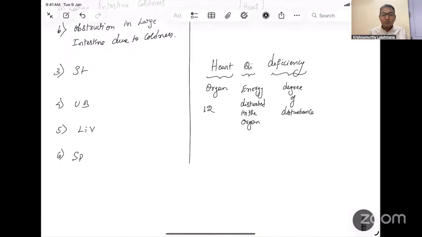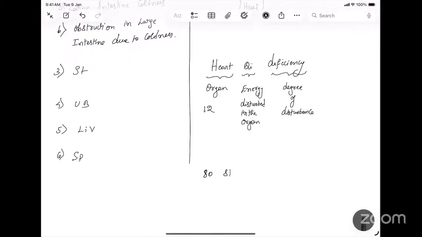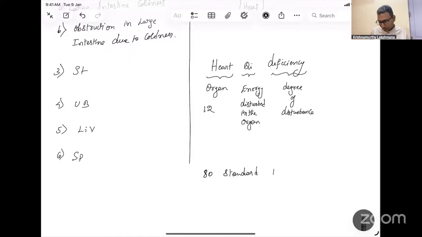And there are about 80 standard protocols. Actually it is about 100 approximately, but we don't study all of them.